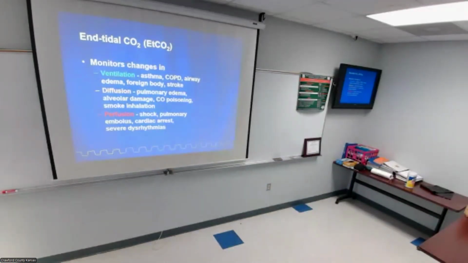So with asthma, what do we got? Okay, you will have sharp ends. Asthma, COPD, airway edema, foreign body, stroke. What are we looking at for ventilation changes? Anybody? Not much air movement.